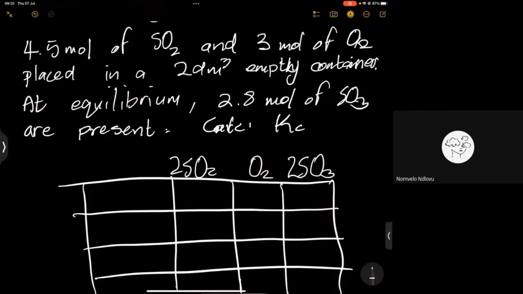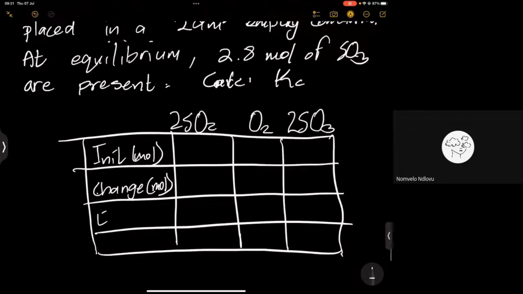So we start with the initial, which is in moles. We've got change, that is in moles, and we've got equilibrium moles, and we've got equilibrium concentration, which is in moles per cubic decimeter. Please remember to write down the SI units so that we know what each one represents.